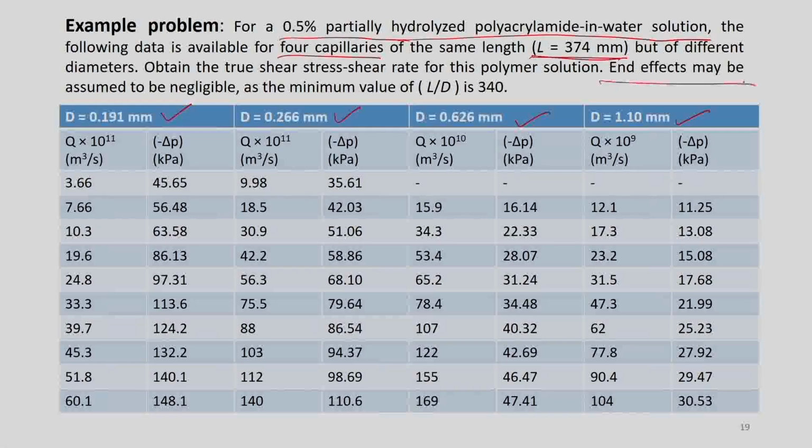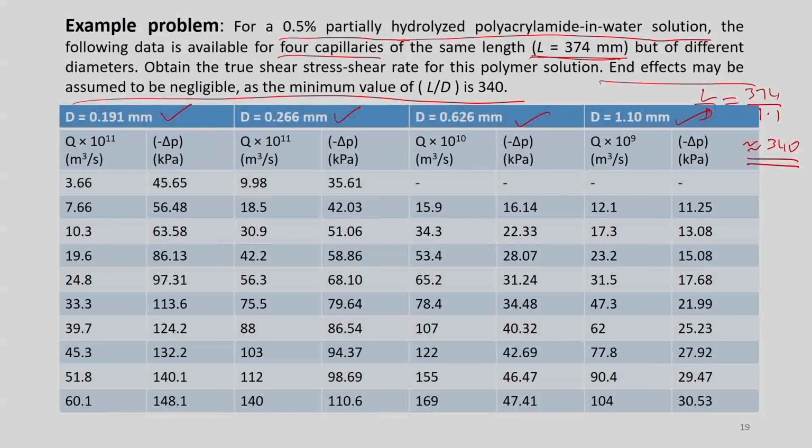Assume the end effects are negligible, as the minimum value of L by d, from here, is 374 divided by 1.1, which is approximately 340, much higher than the minimum L by d ratio of 100.